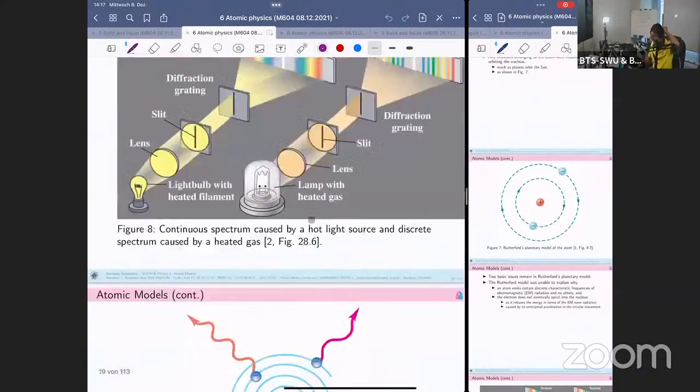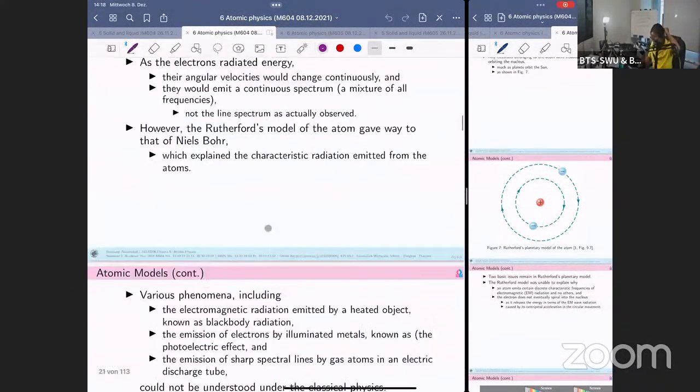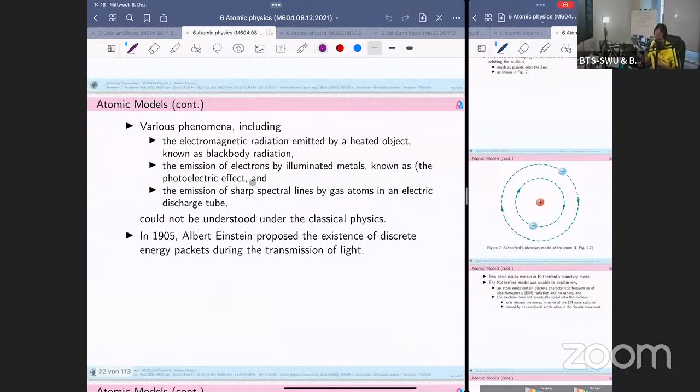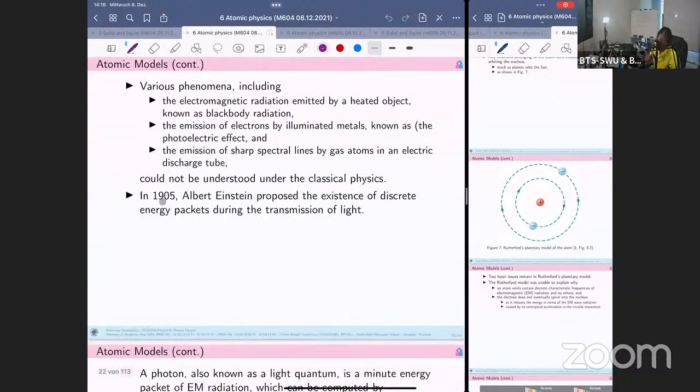These phenomena could not be explained by classical physics. That's the problem.